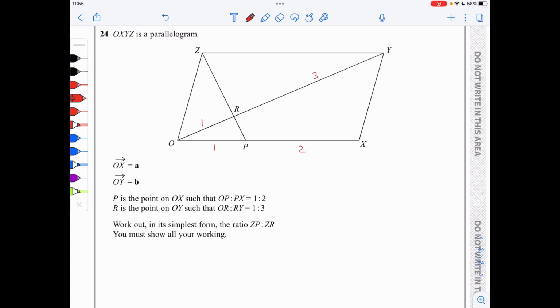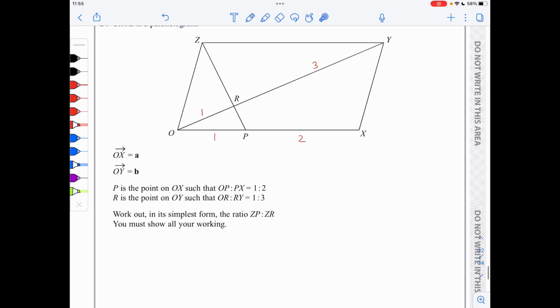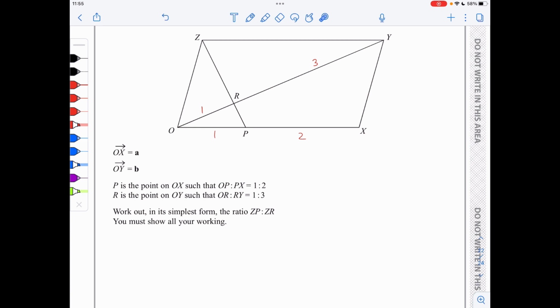We need to work out in its simplest form the ratio of ZP to ZR. So I need to find two different routes to go from Z to R. So one thing we could say is that the vector ZR is a multiple of ZP because they all lie in the same straight line, they have the same direction.